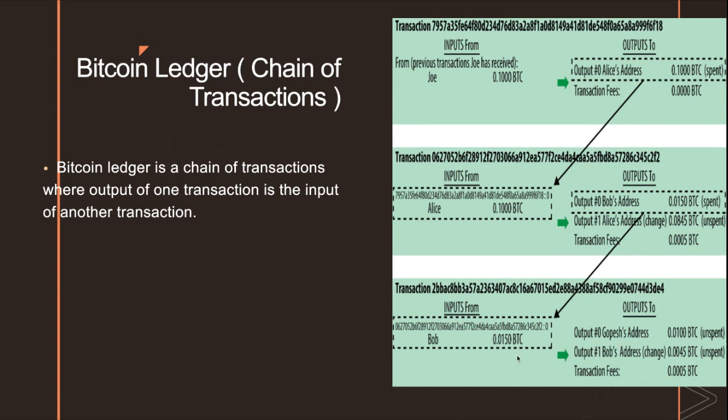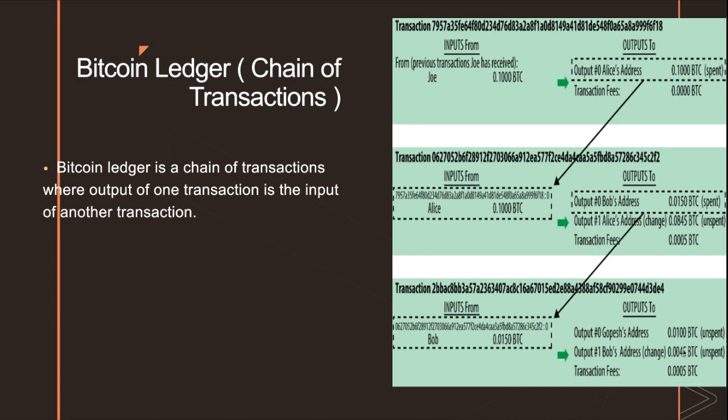And again, he doesn't want to spend all of his amount, so he will create a change output where he will set the remaining amount which he wants to use in future transactions. In this example, it will be 0.0045 Bitcoin.